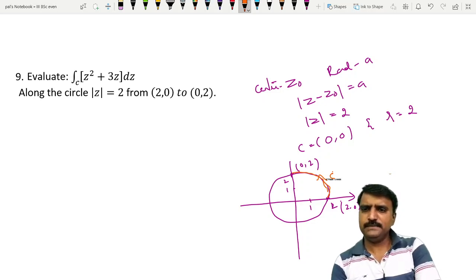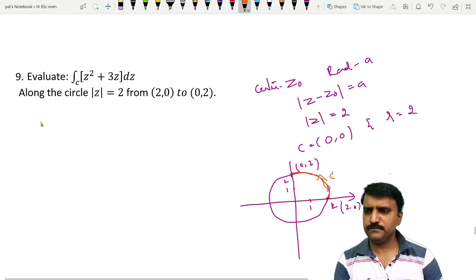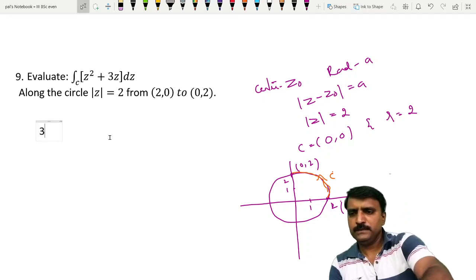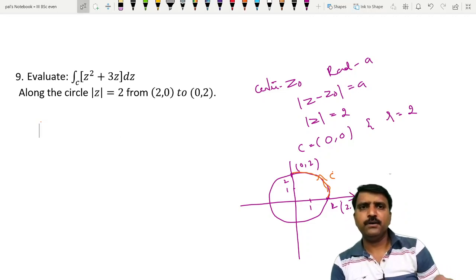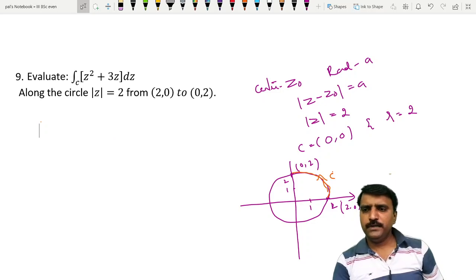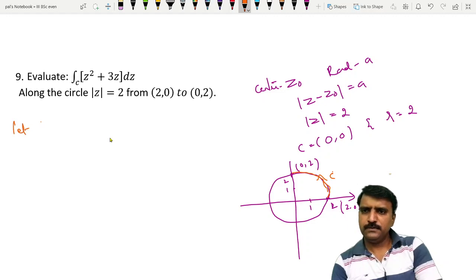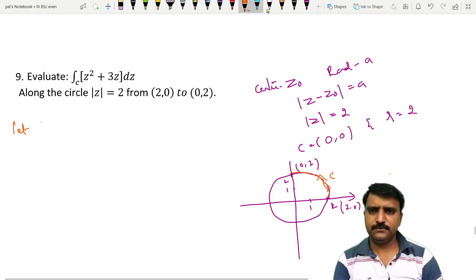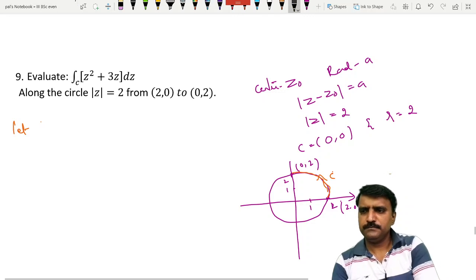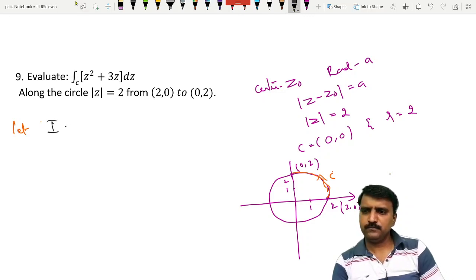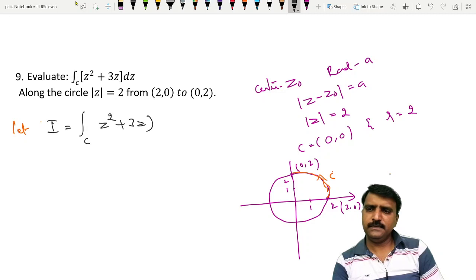Before that, I write this integral. Let I is equal to the integration over C of z square plus 3z into dz.